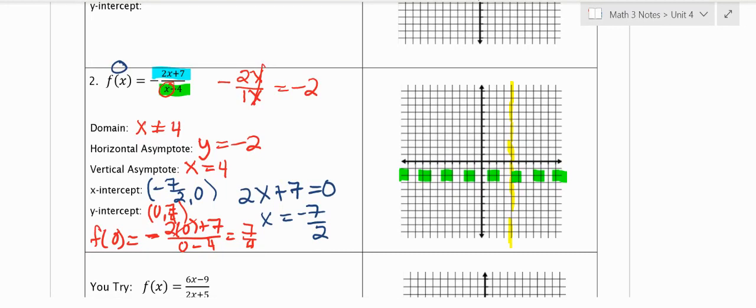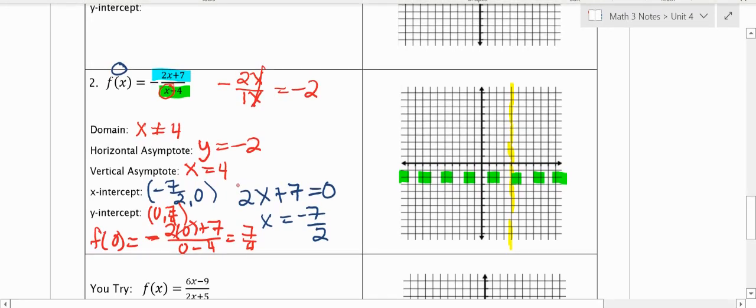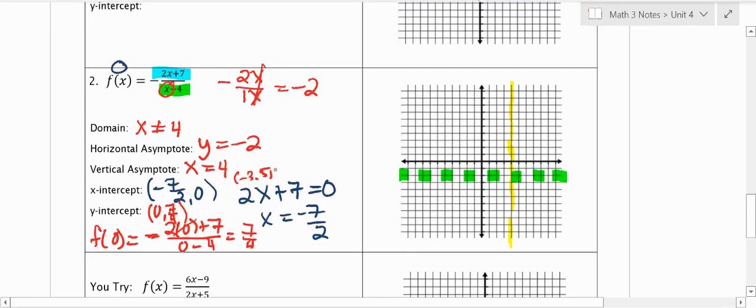So I have one at -7/2, which is roughly -3.50. So that's going to be to the left. We're also going to have one at the y-intercept at 7/4. So that's about 1.75. So that's a little bit above the origin.